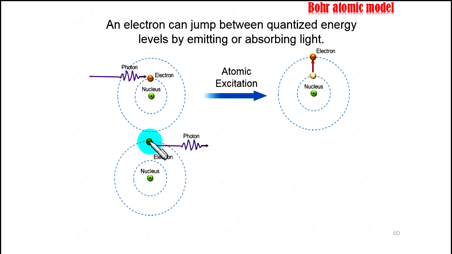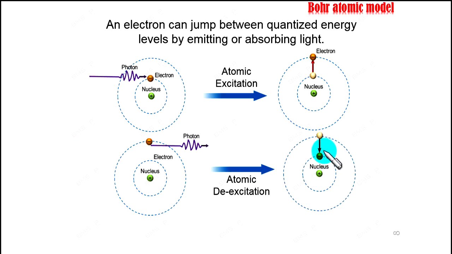You can observe here, an electron at the higher energy level will come to its original state by emitting the photon, and this is the process of atomic de-excitation. This will be like this, from higher to lower. That means, electron in any atom can move from lower to higher and higher to lower energy level.